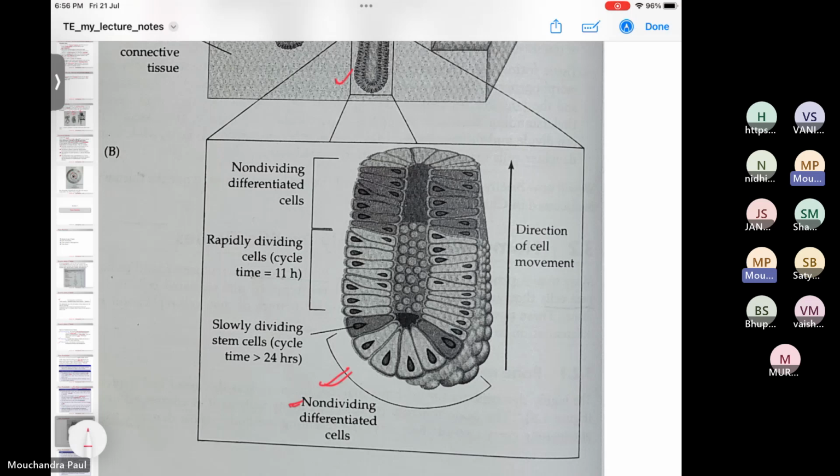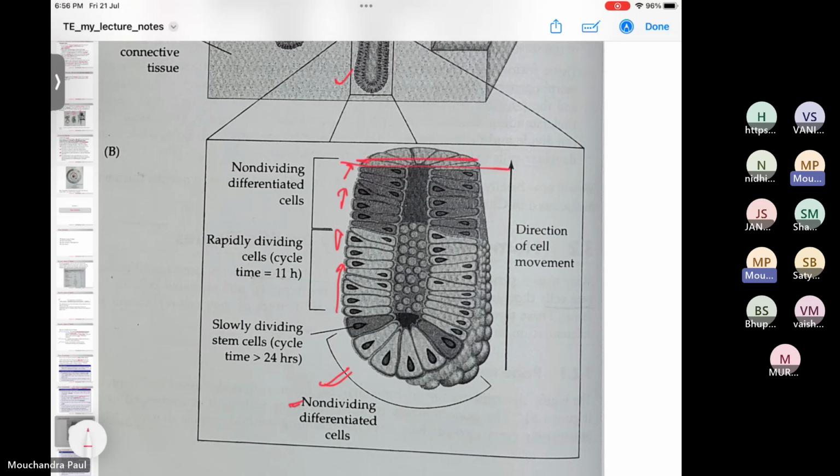One of the daughter cells can be a progenitor cell and one can be a stem cell, or both can be progenitor cells, something like that. If they are progenitor cells, they will start to divide and differentiate, and as this happens, they will move up the crypt.